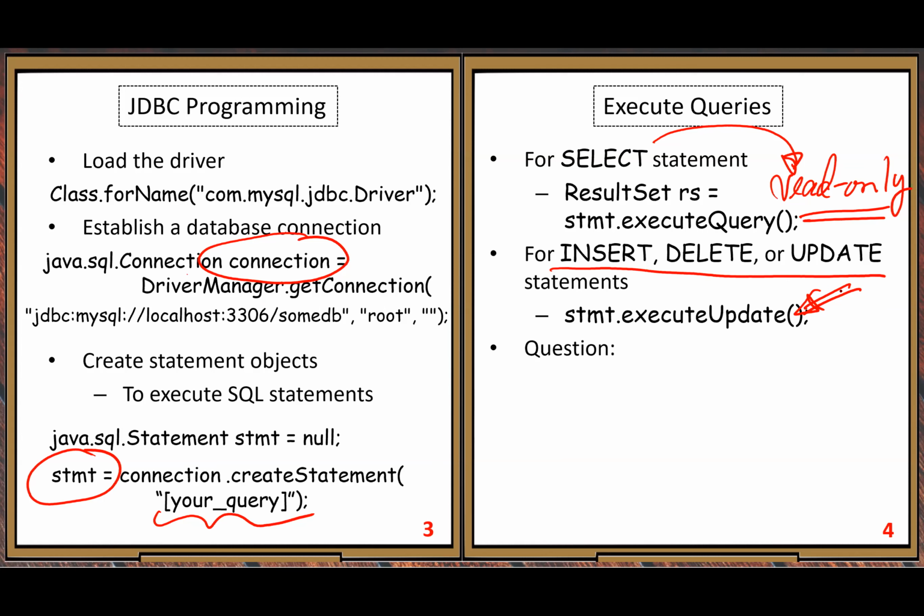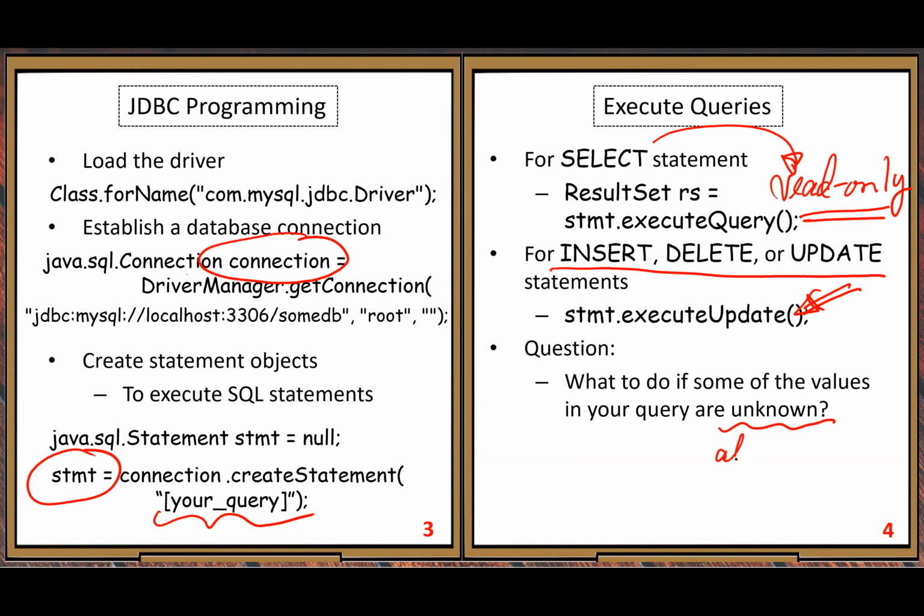Now, question. These are the basic steps we need to do in our database programming. But the next thing is, we need to ask this question: what to do if some of the values in your queries are unknown? Because in your SQL query statement, at compile time, this is unknown.